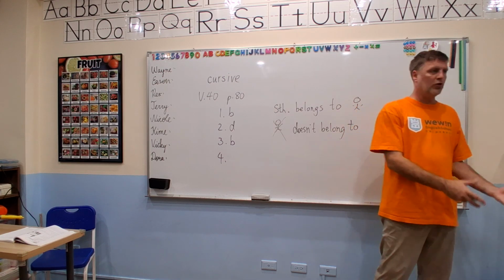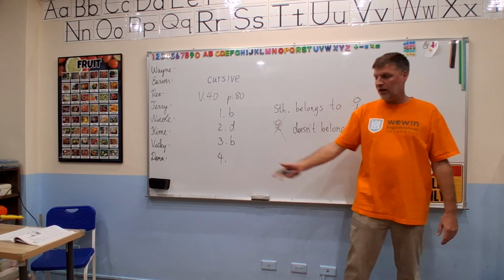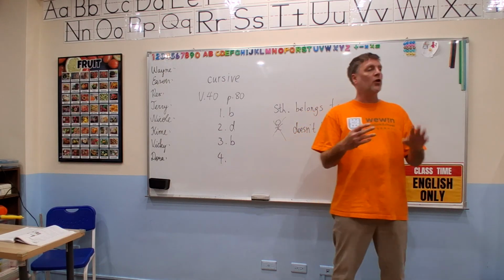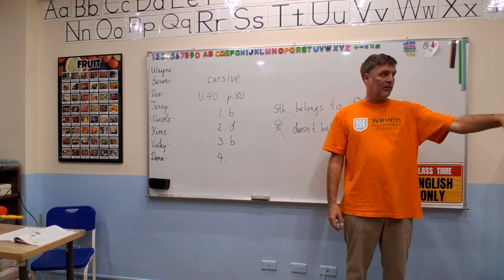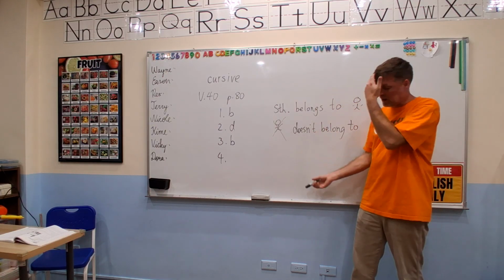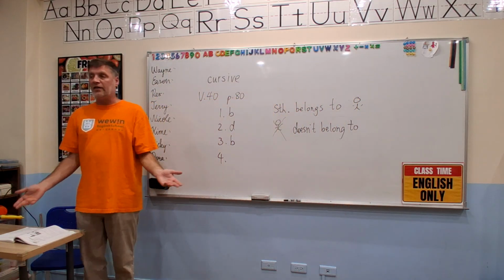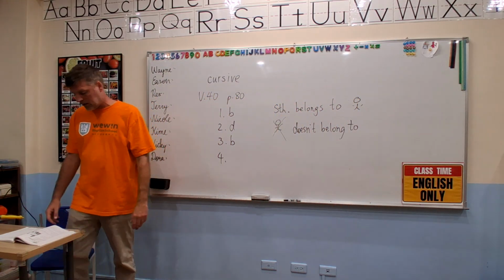No, you don't belong to your parents. If you belong to your parents, they can do whatever they want with you. Then you are like a donkey, okay? You belong to your family, but you are free. If you belong to someone, then you are not free. So if something belongs to you, don't take things that don't belong to you, you have to ask.